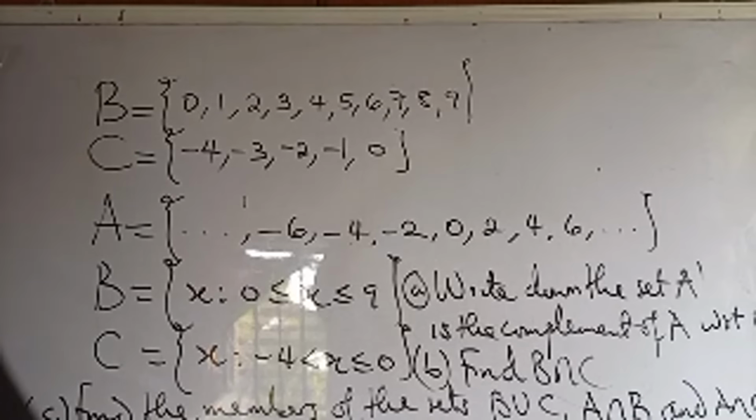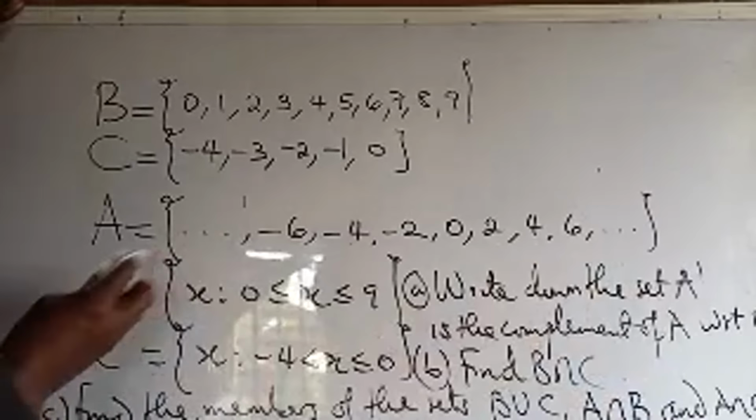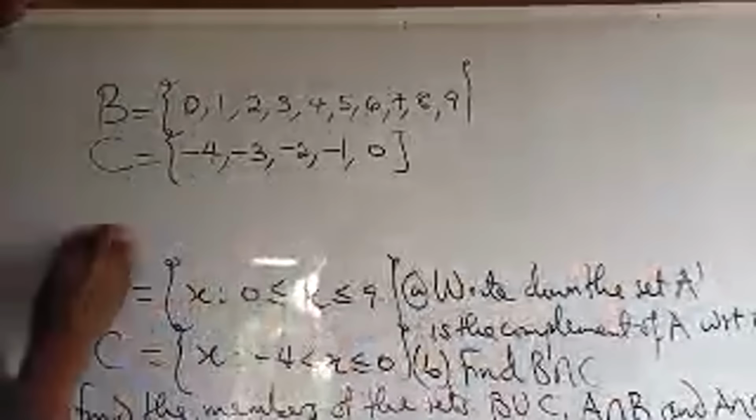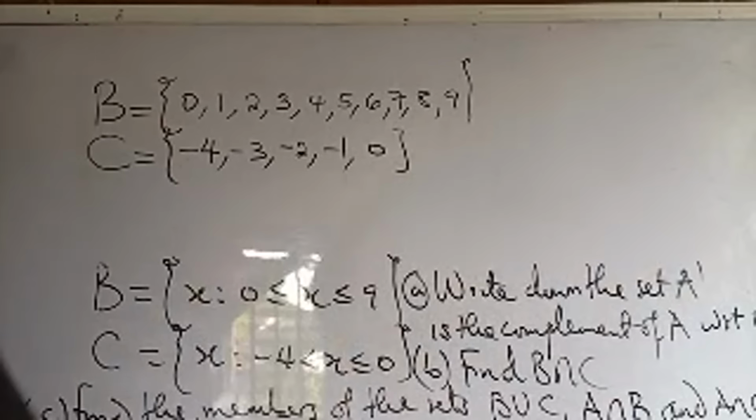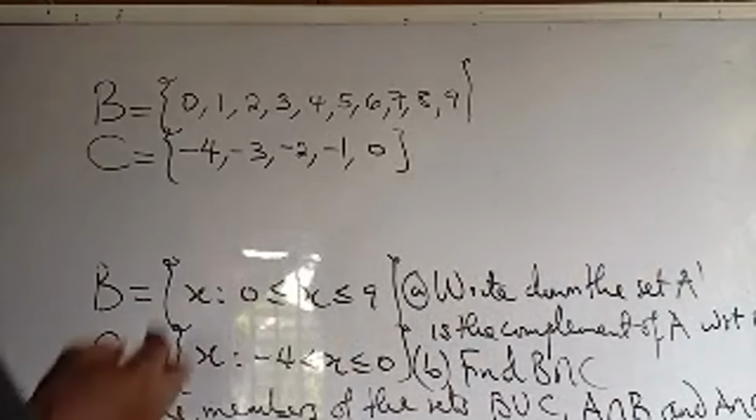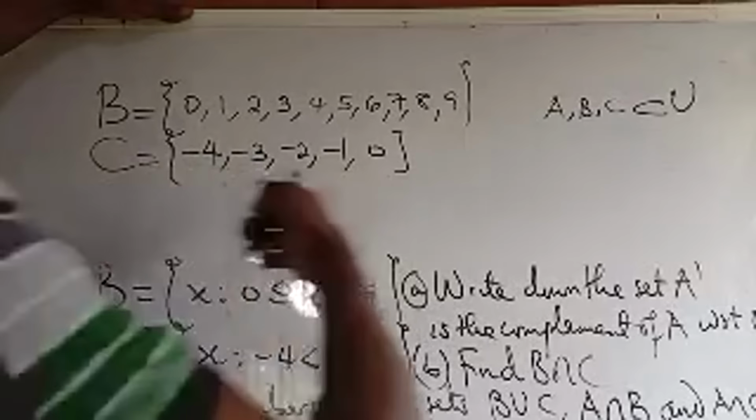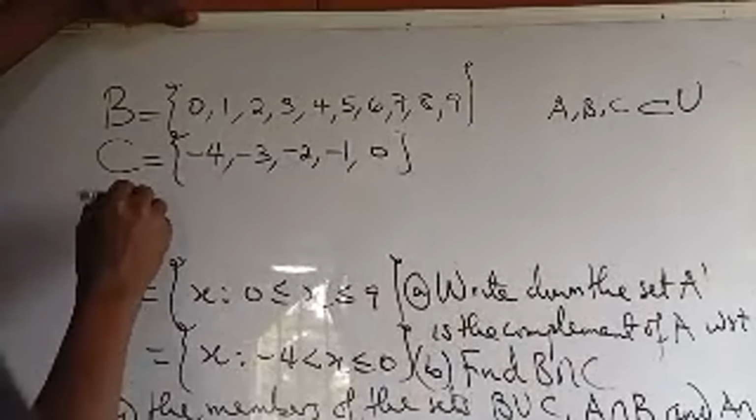Now, what is the question? Write down the set A complement. That is the elements that are not in A. Now, obviously, we know that A, B, and C are subsets of the universal set U. The elements of A, like we have explained, are all even numbers, divisible by 2. So A complement will be the elements that are not in A, but which are in the universal set.